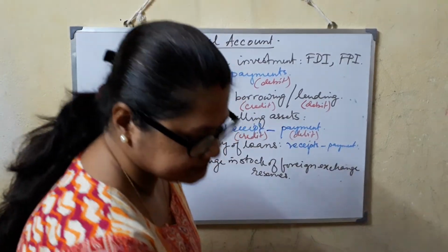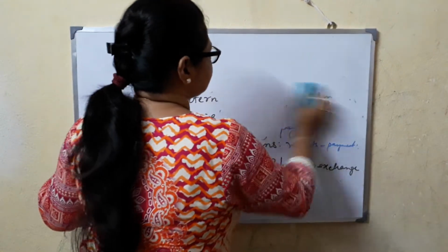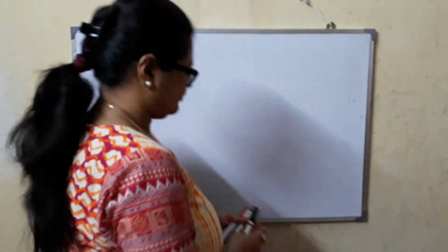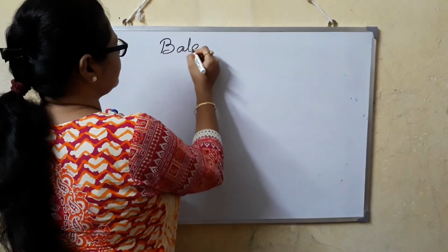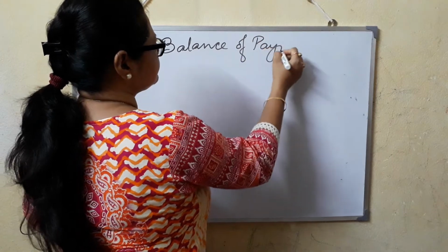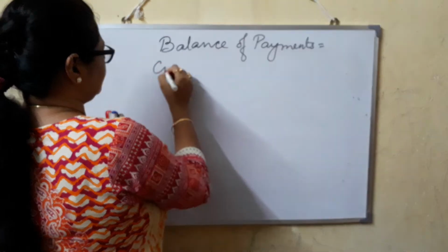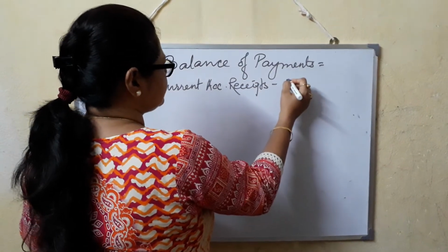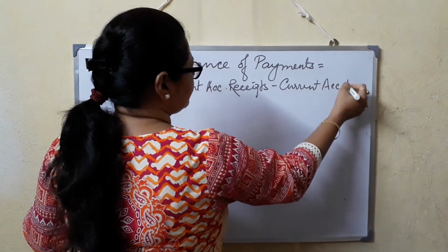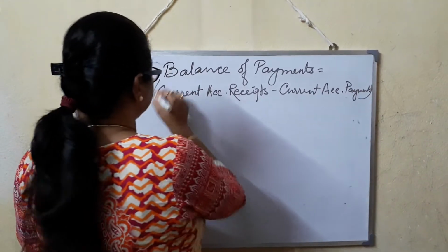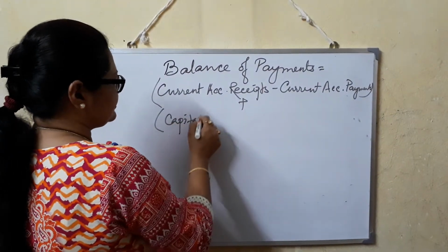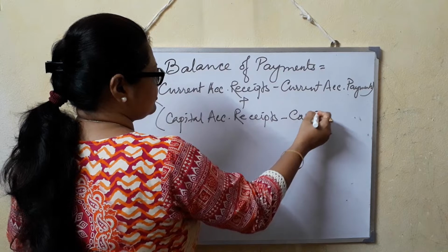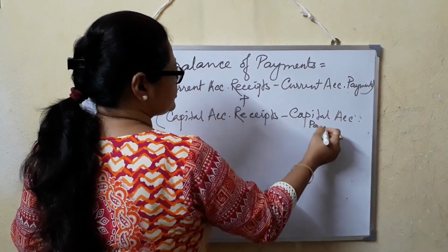That means the BOP which we have seen just now, BOP, balance of payments, will be current account receipts minus current account payments plus capital account receipts minus capital account payments.